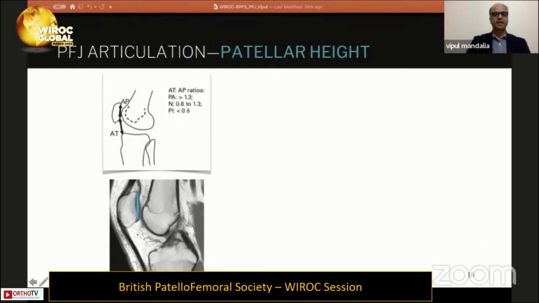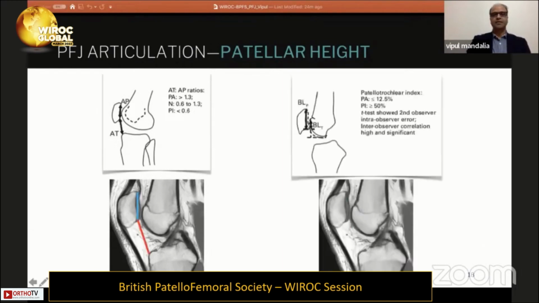One is the Caton-Deschamps method of measuring patella height. The one that I think makes biomechanical sense and that really explains to you whether the patella has got a problem in terms of the height is the patellotrochlear index. Basically what it shows is whether the patella is engaged into the trochlear groove, and is there overlap of the patella and trochlear cartilage? That is what you want to look at.